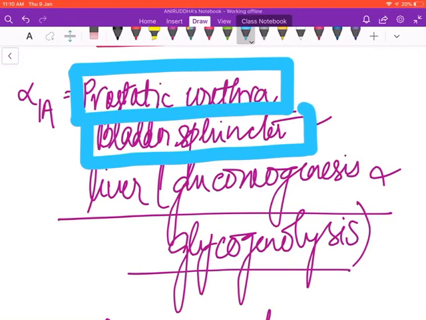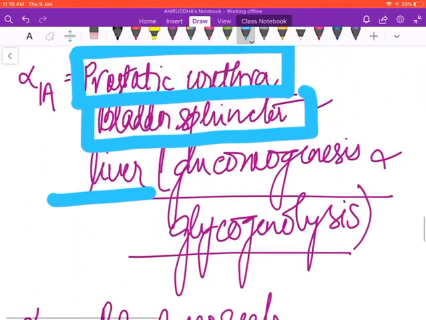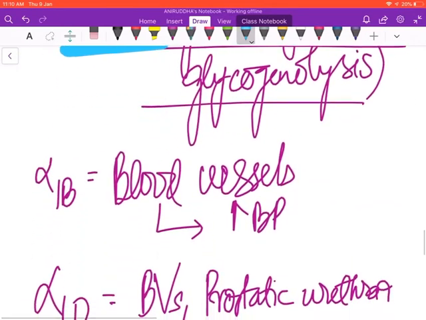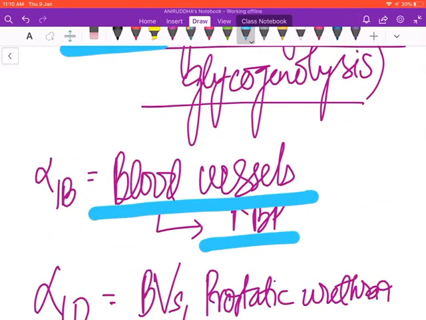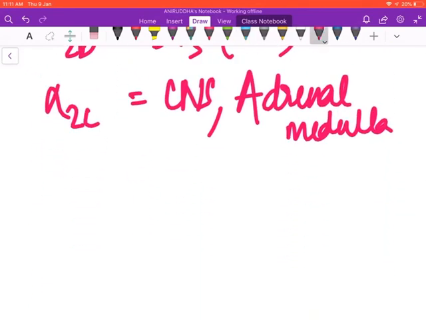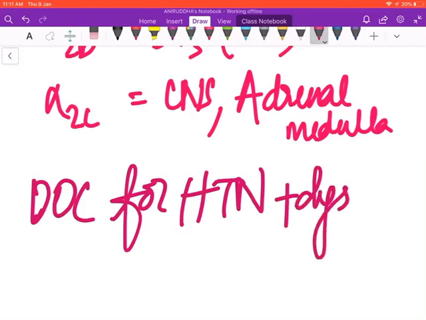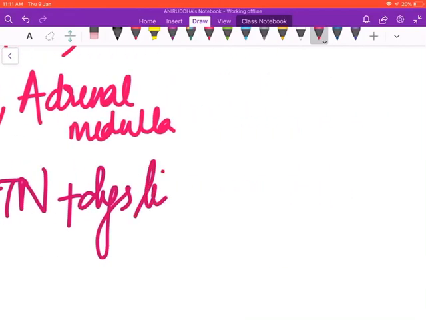Okay, and also why as a side effect of alpha 1A blockade there may be hypoglycemia. And you can also understand why alpha 1 blockers are used for the treatment of hypertension. In fact, the drug of choice for hypertension with dyslipidemia are alpha 1 blockers.